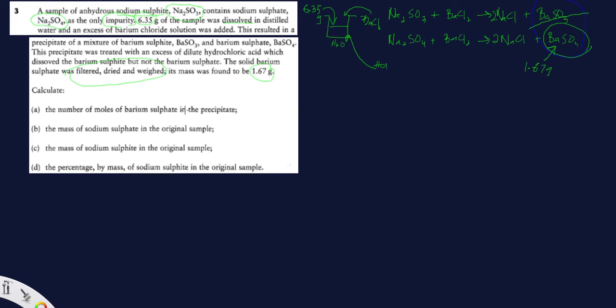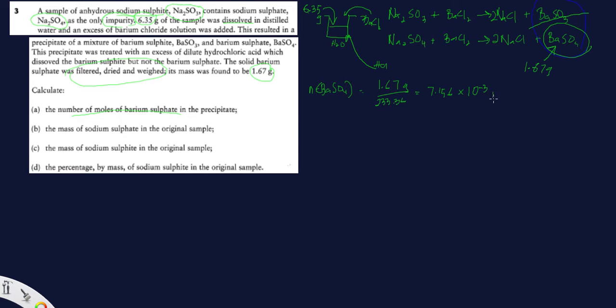Now the first question is the moles of barium sulfate. So that's what we're going to do. Moles of barium sulfate is 1.67 grams divided by the molar mass of barium sulfate, 233.36, and that would give us 7.156 times 10 to the power of -3.